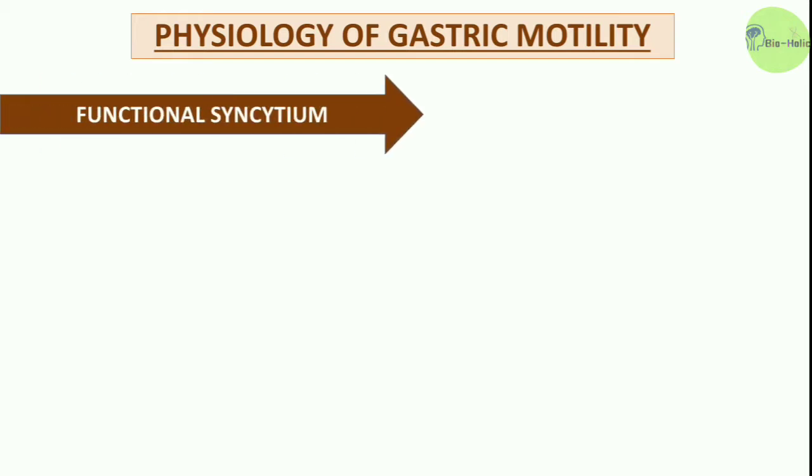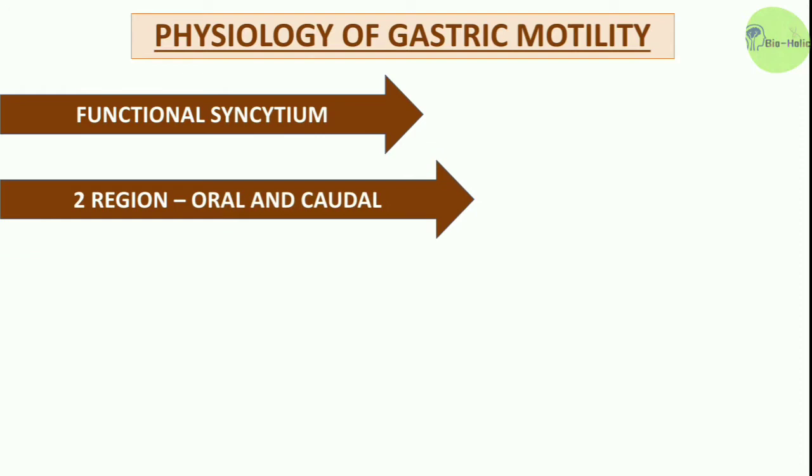Let us discuss the physiology of gastric motility first. Gastric motility is the function of the gastric musculature, which consists of three layers of stomach muscle fibers, and it acts as a functional syncytium, so it is a single unit.